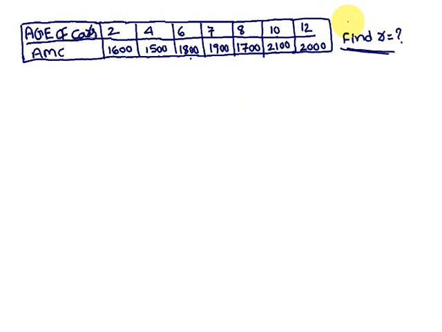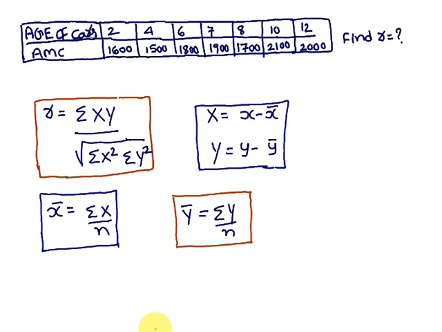So we have to find out the R. What is the formula for R? Already we have studied it, so we have to prepare some chart. Next slide. R is equal to sigma capital X into capital Y divided by root of sigma X square into sigma Y square.